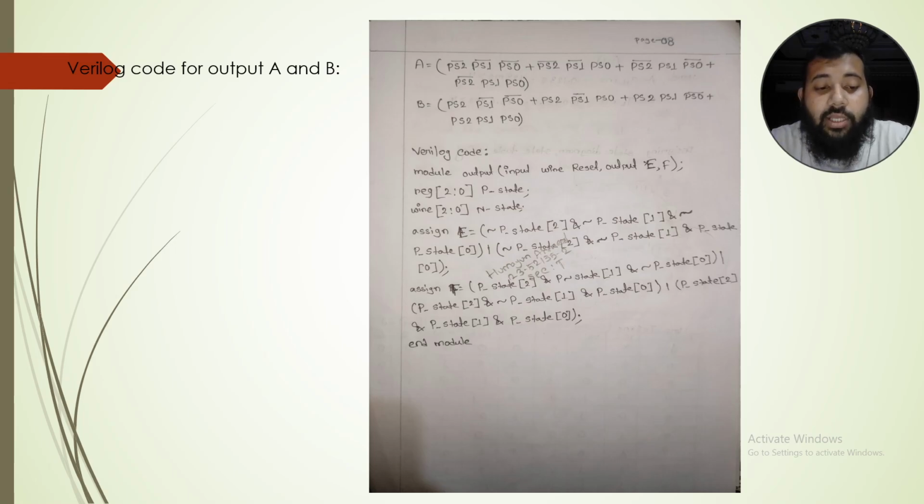Inside the always block, a case statement is used to handle different states. Here we can see the expressions with present state 2 bar, present state 1 bar, and present state 0 bar. After that, it continues working. This HDL code allows us to simulate and test the FSM before actual hardware implementation.